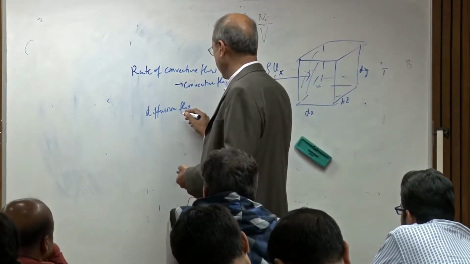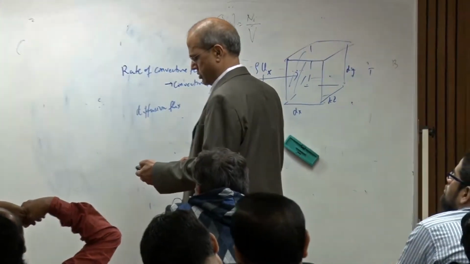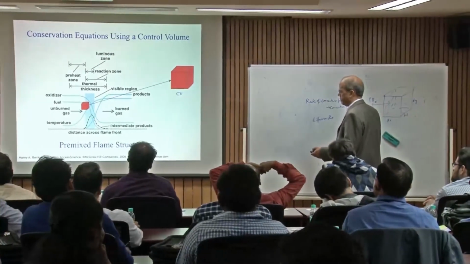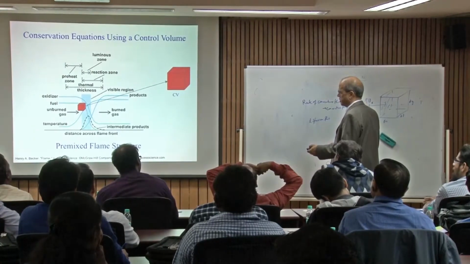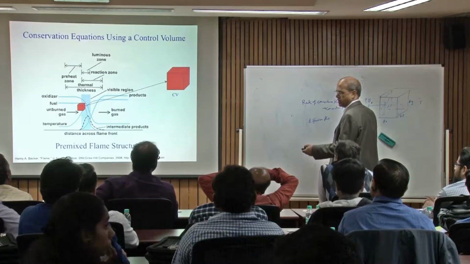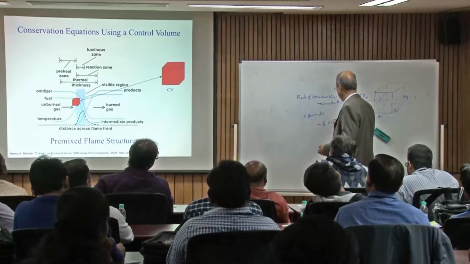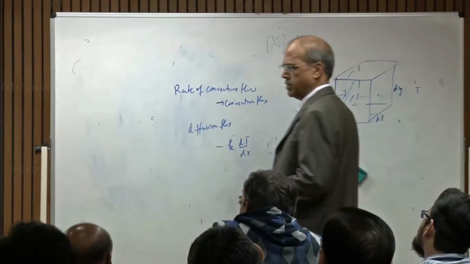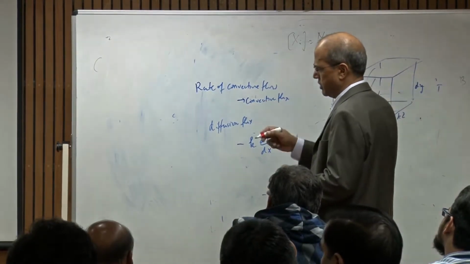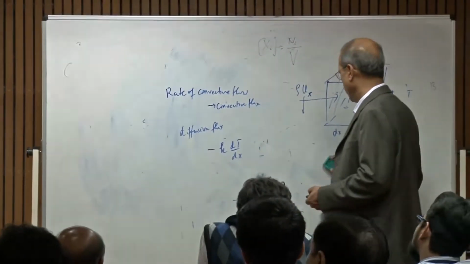For heat flux due to diffusion process, the temperature gradient is this way, so the conduction heat flux will be going in this direction, negative x direction. We write this as minus k dT dx. I don't know what I've used in the notes here, maybe lambda, but anyway, thermal conductivity times the temperature gradient.